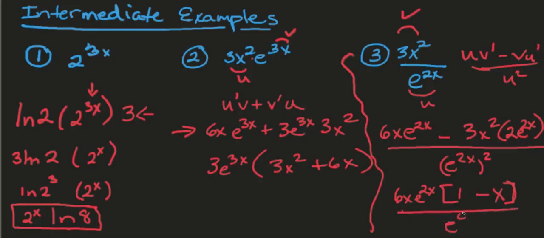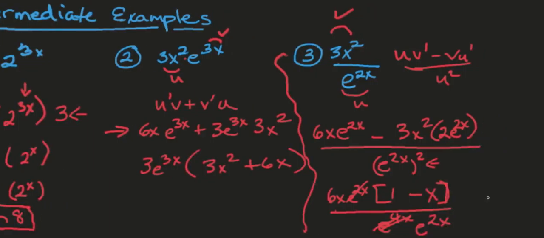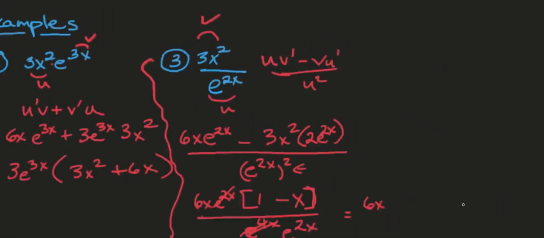Then you get e to the 4x because you have one power raised to the other power. Cancel the e to the 2x's, and that's your final answer in fully factored and simplified form.